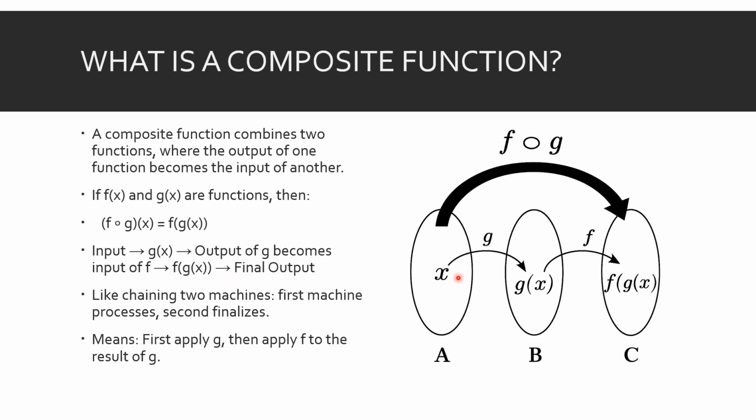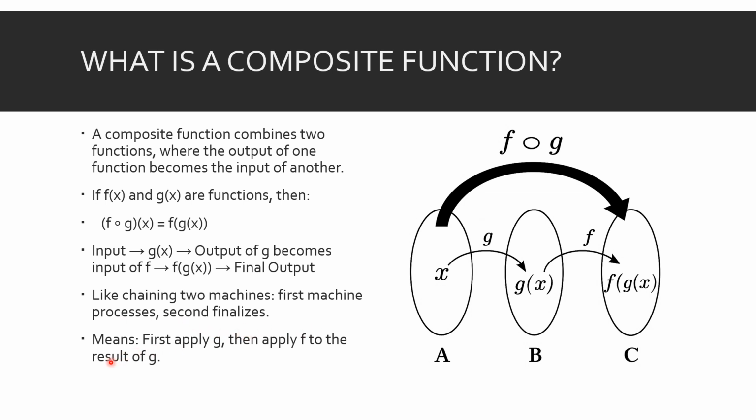So when you look at the relation here, x is being inputted into g of x. The output is g of x, and the whole g of x will also be inputted into f. So this becomes the composite relation in this particular format. It is like chaining two machines: the first machine will process the object, and the second machine will finalize it.